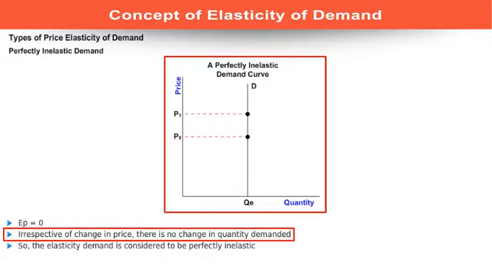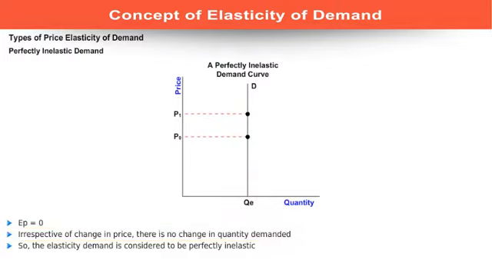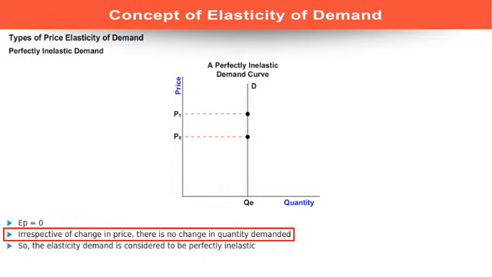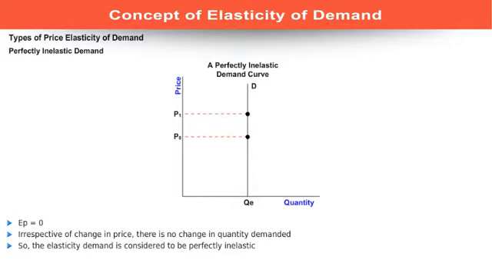Whatever might be the change in price, price may fall, price may rise, my demand curve is going to remain a straight vertical line, and quantity demanded will be constant at Q. So this is an example of perfectly inelastic demand, because irrespective of a change in the price, my demand is constant. So change in quantity demanded is 0. Because my numerator is 0, my entire expression of coefficient becomes 0. EP is 0. Demand curve is perfectly inelastic.